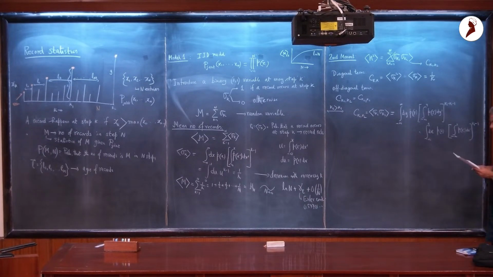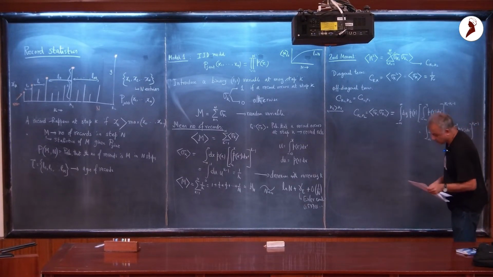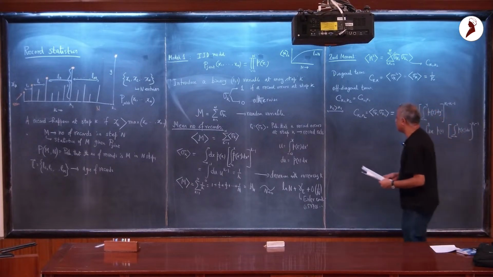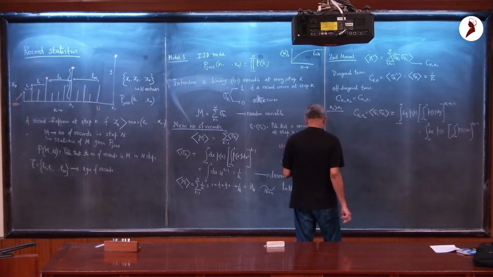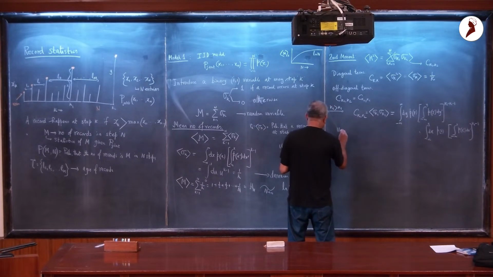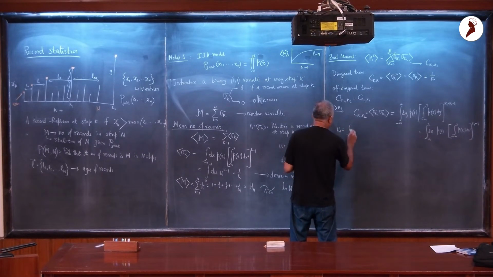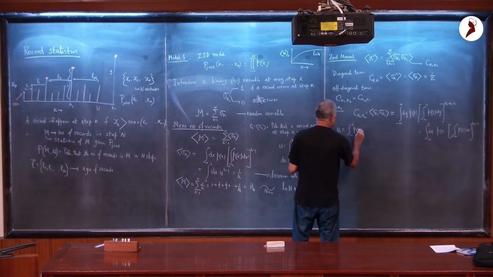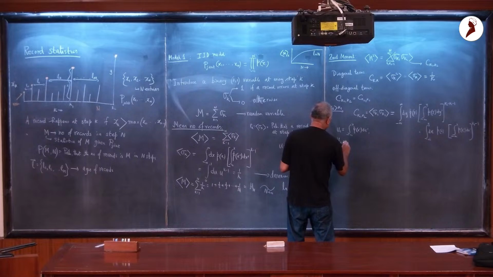Okay. So, and then you use the same trick. So you make a change of variable. So let me call it U1. So I have a double integral, so I have to define two variables.